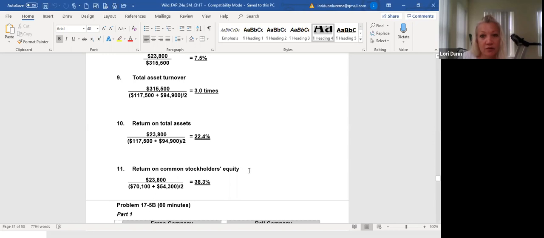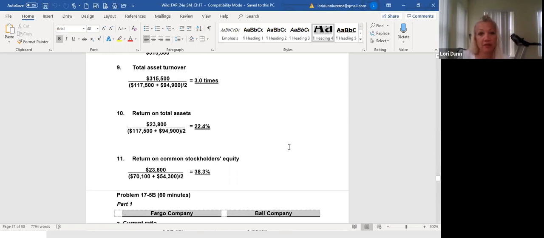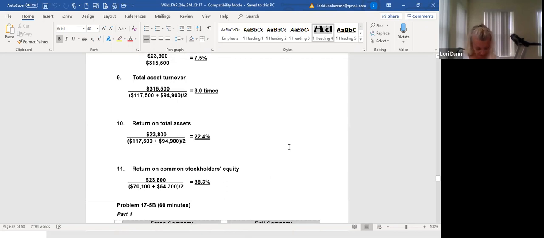All right, so you should see the answer key. Okay, so let's take a look at 17.5B. So we have summary information from the financial statements of 2 competing companies in the same industry. They just made them up, Fargo and Bell. Okay, so we have information about the companies' assets and liabilities, the balance sheet.